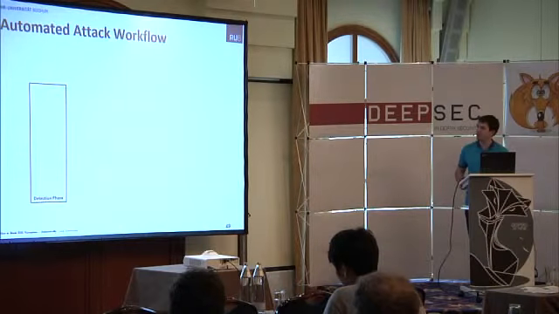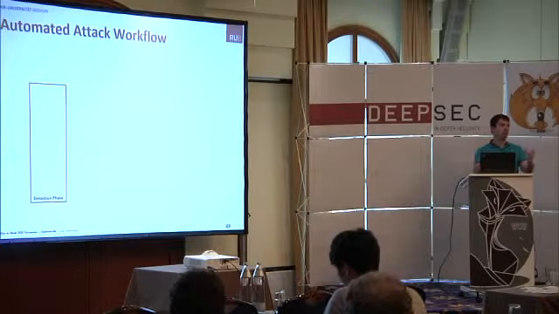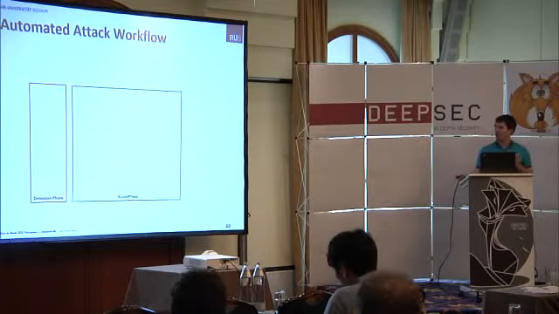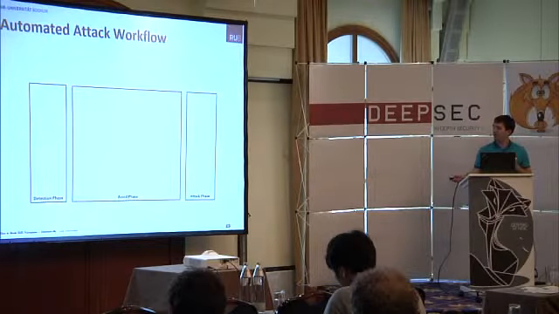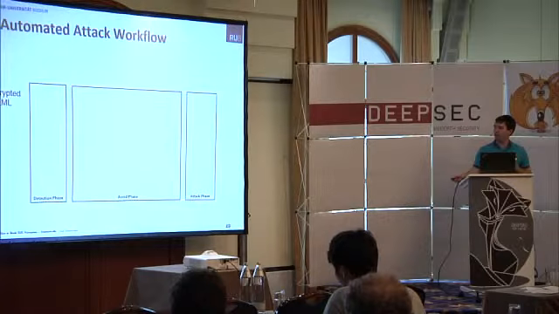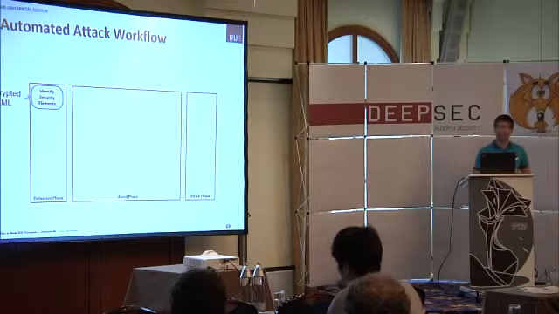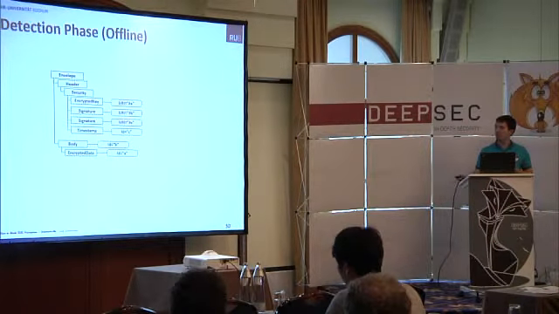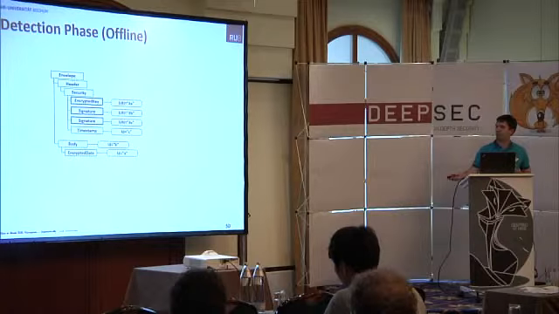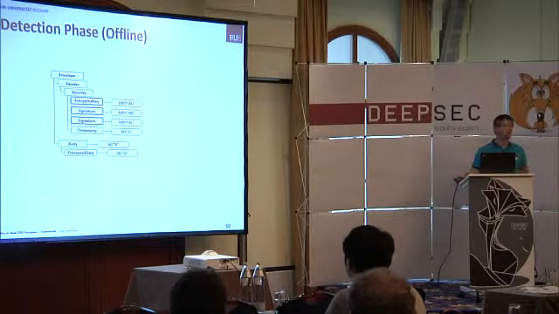So the first one is the detection phase. Imagine we just received an XML security message. Then we have an avoid phase and we have an attack phase. So imagine we have received an encrypted XML element, and now we have to identify the XML security mechanisms. This is an offline phase, so we have this message, and it consists of some encrypted key, some signature elements, and so on, and we need to know what is protected.